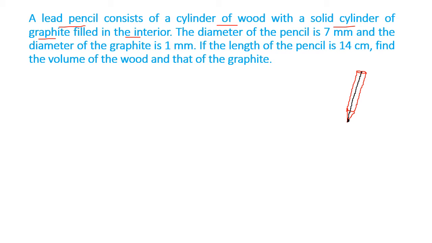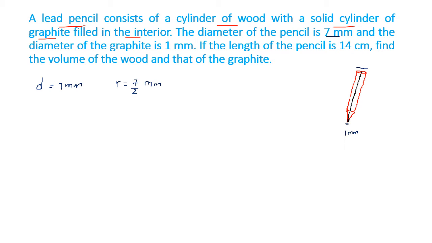Now, the diameter of the pencil is 7 mm. We will write here diameter is 7 mm, so the radius will be 7 by 2 mm. That is the diameter of the whole pencil. And the diameter of the graphite, only the graphite inside, is 1 mm.